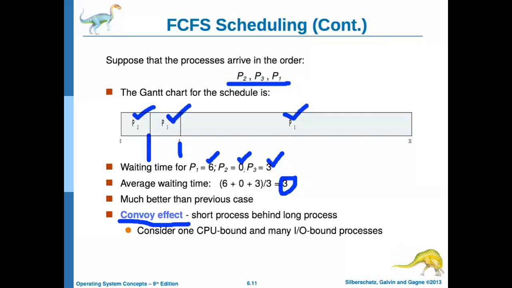Once you understand the concept of the Gantt chart, how it is used to represent the execution schedule of the processes, then it is like a pictorial representation of the schedule, right? So, do you have any doubt on the Gantt chart or the calculation of average waiting time?